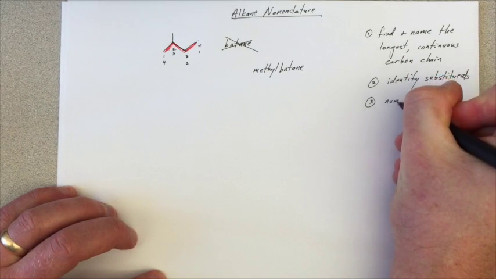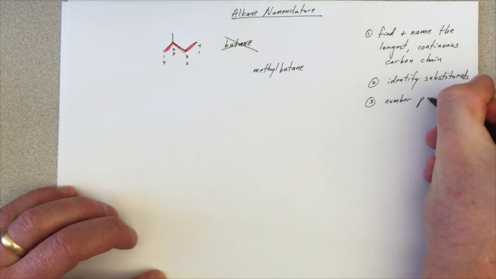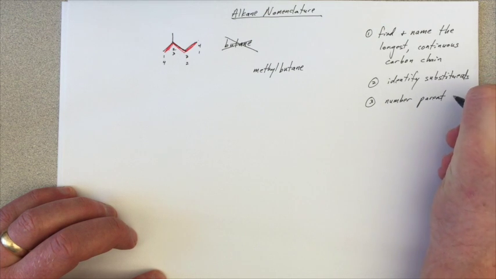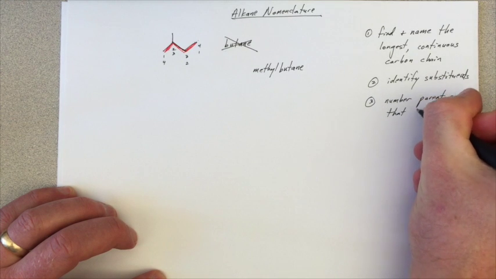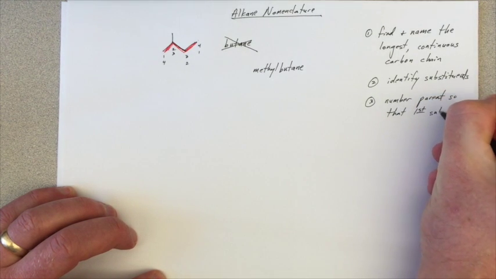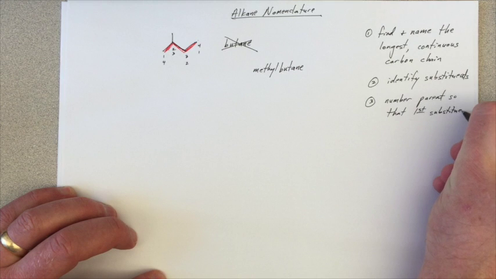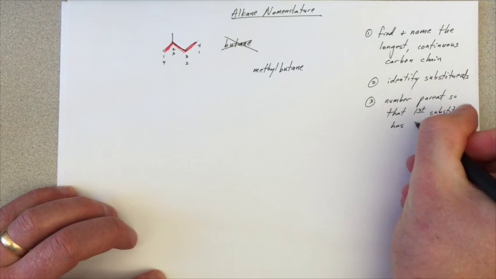Okay, now the way you want to number your parent chain is so that the first substituent has the lowest number.